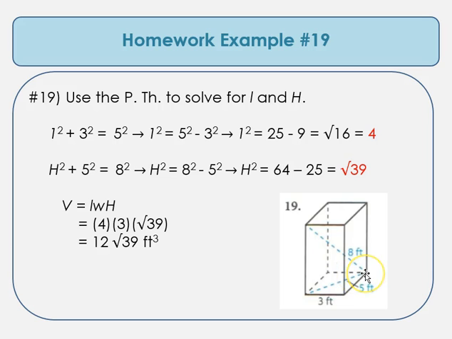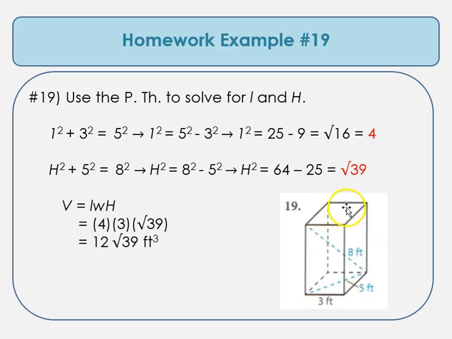This is L squared, the slant height. So I'm just reversing my equation to solve for L. L squared equals 5 squared minus 3 squared, which is 25 minus 9. So L squared equals 16, so the slant height L will equal 4.